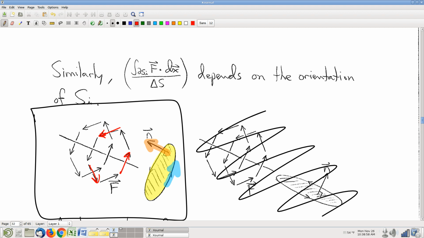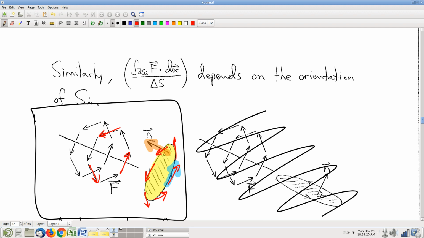Well, it's going to be kind of like that, right? And look at that. There's a lot of circulation around that boundary. So there's a temptation to say, hey, I can see circulation, I can see area, I could imagine writing down a formula for circulation per unit area, just to work out the details in that picture.